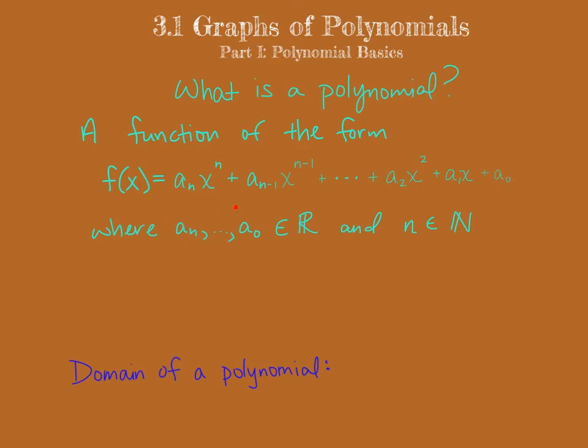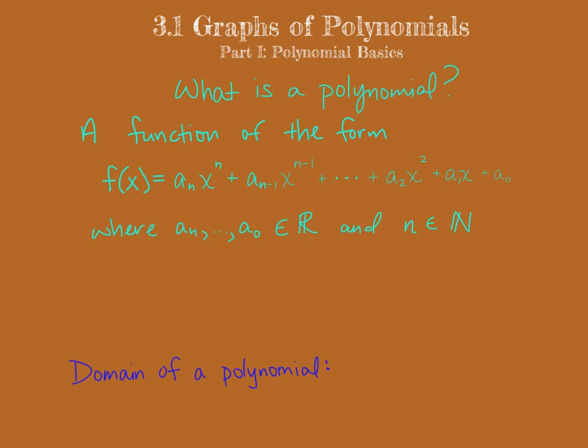So those a's are elements of the real numbers, meaning they're just real numbers. This means an element of, so it's a part of, the reals. And then our n's, the exponents of x or whatever variable, those are natural numbers. They are elements of the natural number set, which is a little like an N with this double line here.